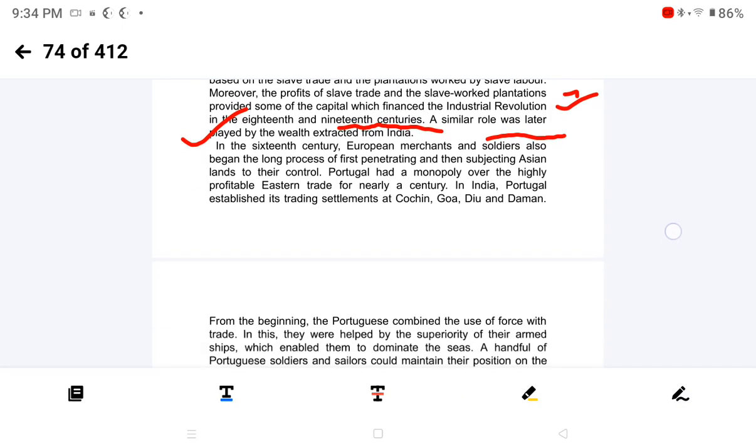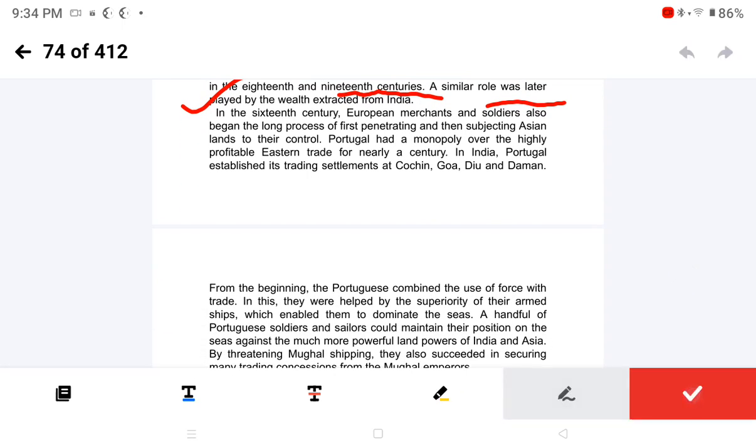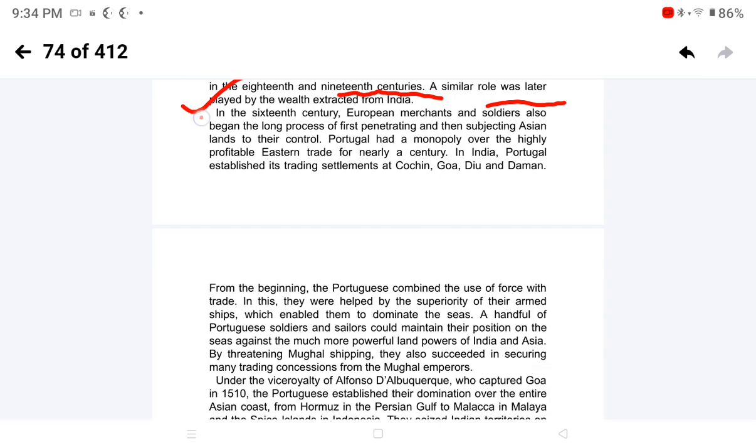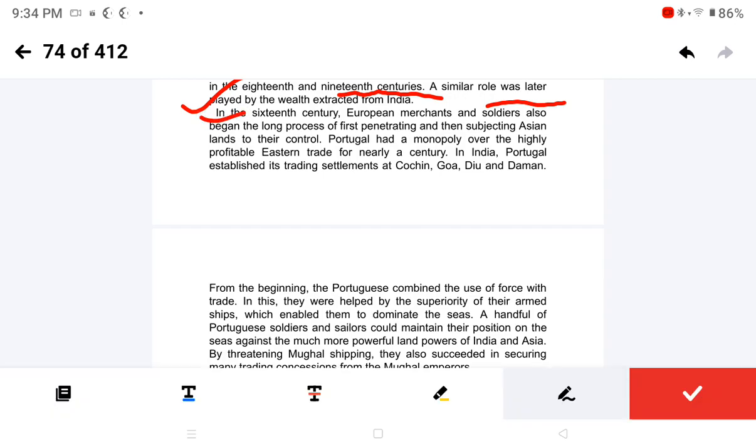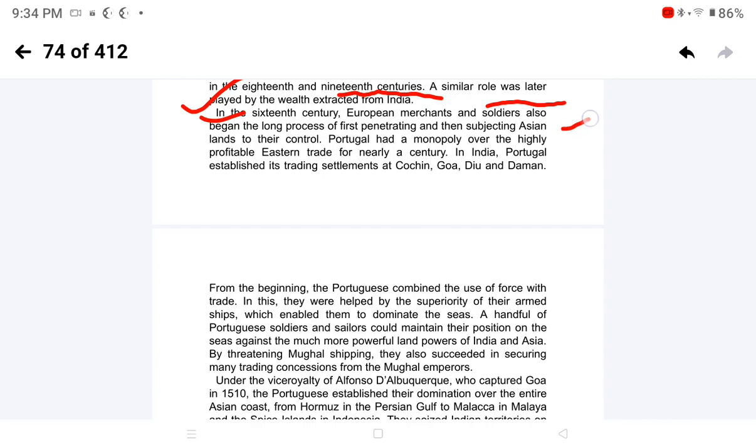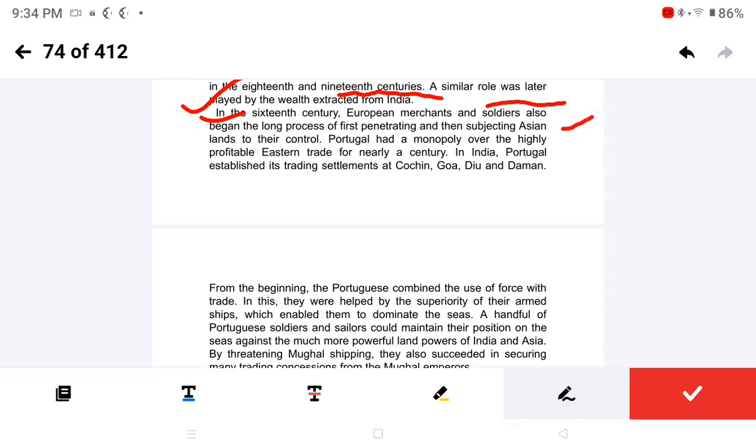In the 16th century, European merchants and soldiers also began the long process of first penetrating and then subjecting Asian lands to their control. Portugal had a monopoly over the highly profitable eastern trade for nearly a century.